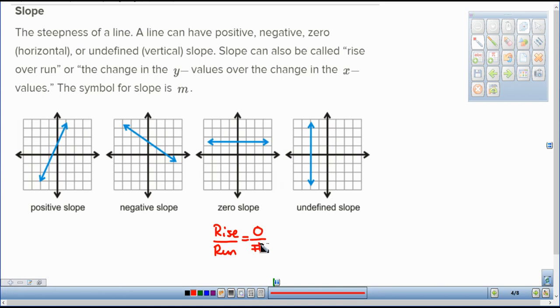So if you have 0 over a number, that calculates to be 0. That's why we call that a 0 slope. In an undefined slope, you do have a rise, but your run is non-existent. And that's why we come up with a can't divide by 0 situation, and we get an undefined slope.